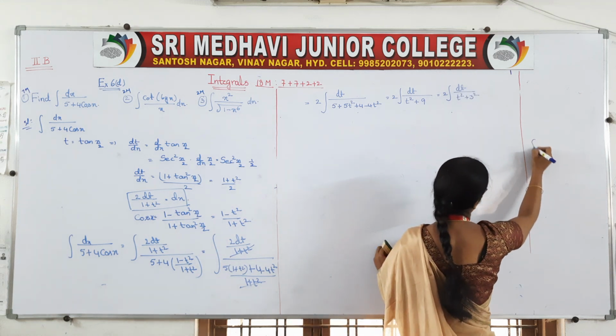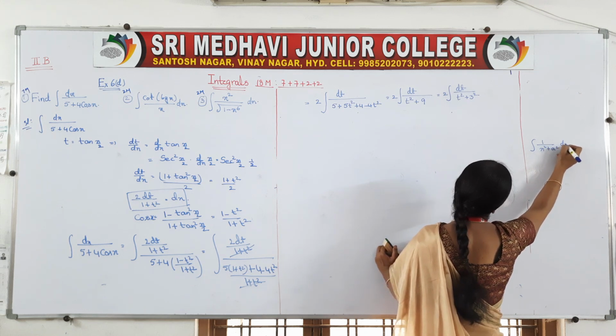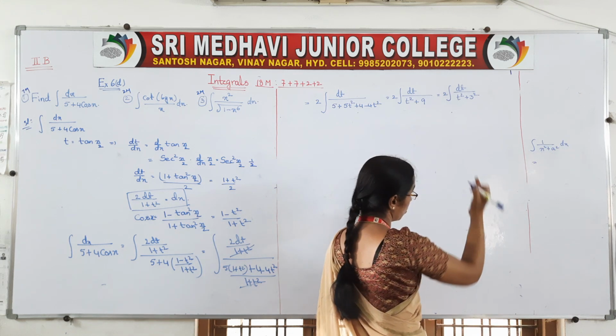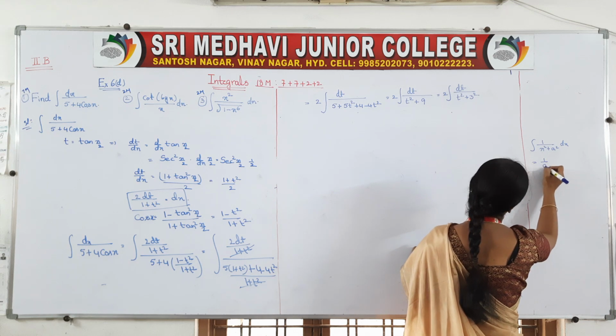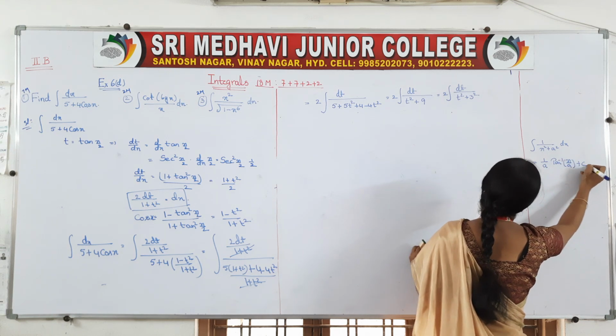Okay, so there is one formula. What is that? Integral of 1 by x square plus a square dx is equal to 1 by a tan inverse x by a plus c.